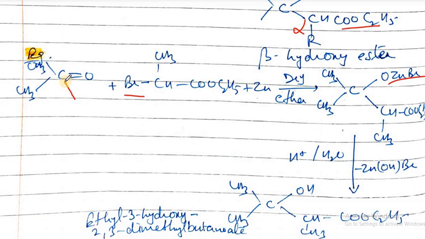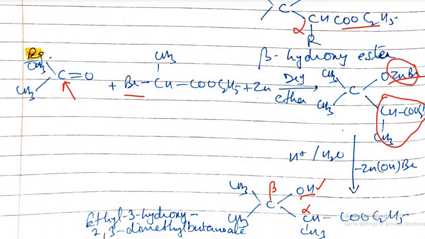And then upon hydrolysis, instead of ZnBr we get OH, and the remaining is the same. So this is the alpha carbon, this is the beta carbon, so we get beta hydroxy ester.